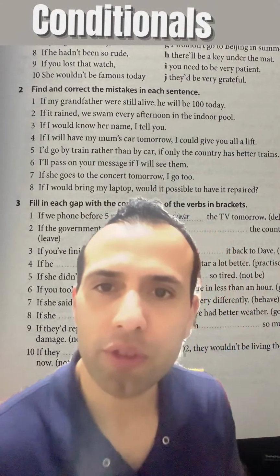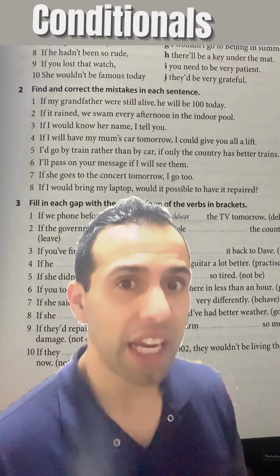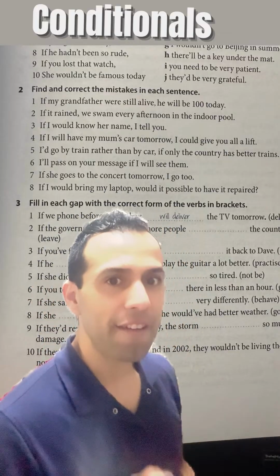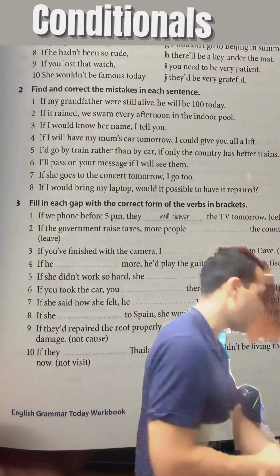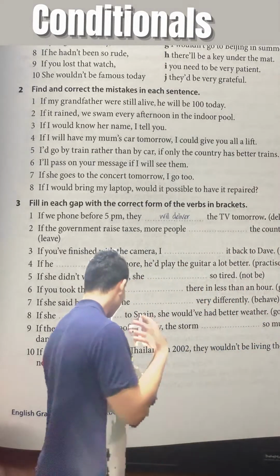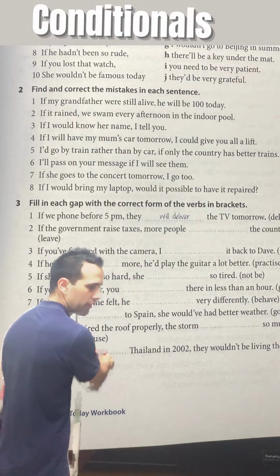Okay, let's move on to sentence number 5. I'd go by train rather than by car, if only the country has better trains. In that case, it should be: if only the country had better trains. Because you're talking about if only the country had better trains, I would do something.